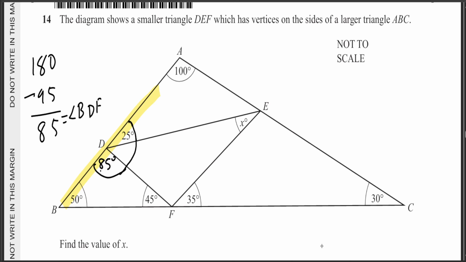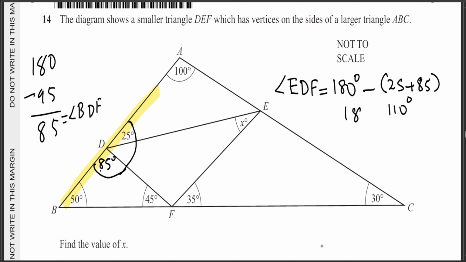So for you to get that angle EDF, the one at D, you need to take 180 minus the sum of those two angles, 25 plus 85. 85 plus 25 is 110.